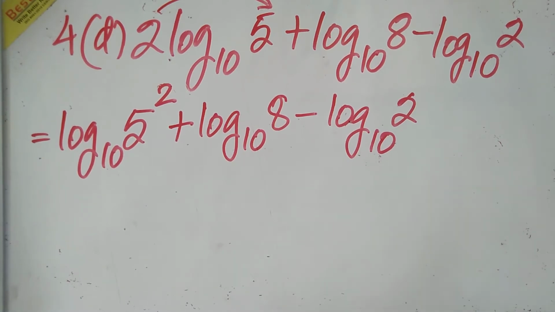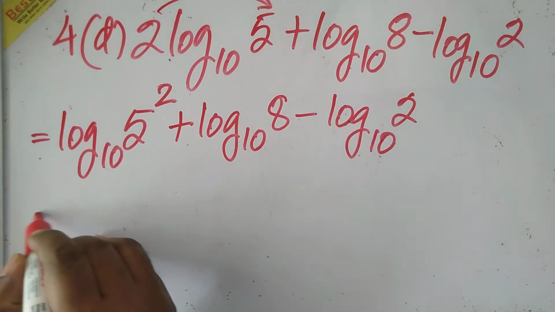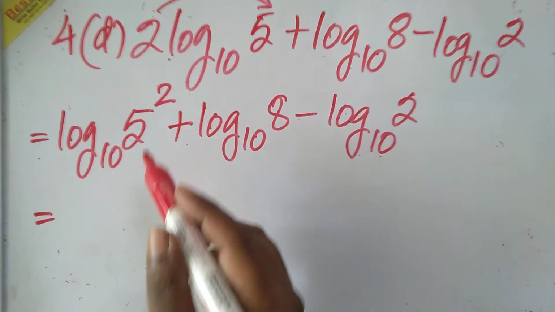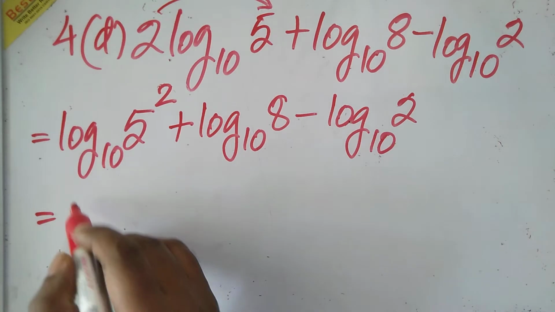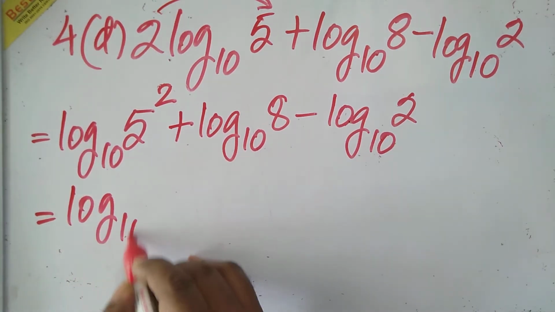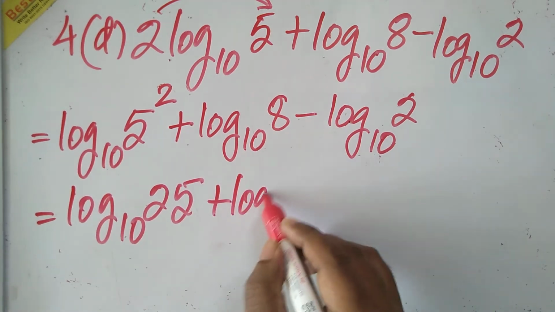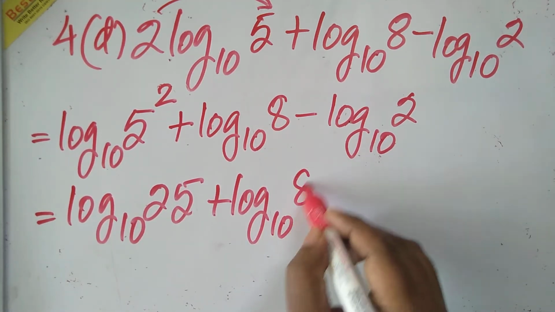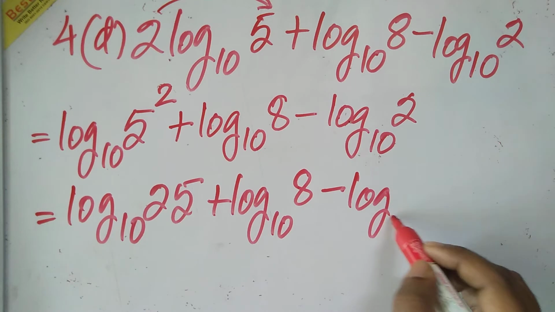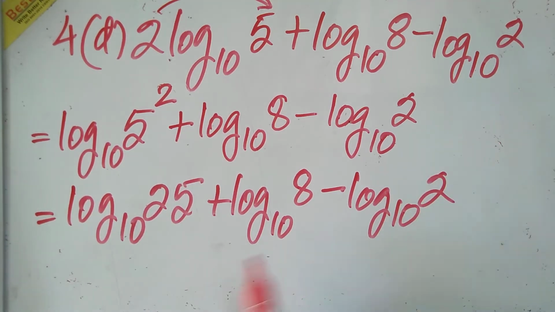Alright, first we'll be using the law of products. Okay, and here what we'll do is, because it's a square, first let us write down the value of this. So it is going to be log 10 5 square is 25 plus log 10 8 minus log 10 2. I hope you are able to follow what I'm doing.